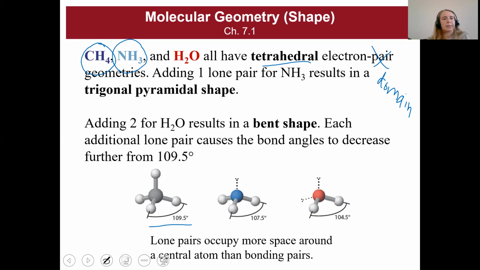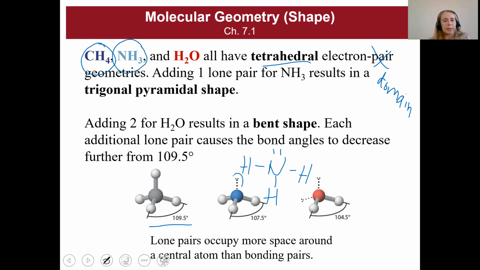NH3, so this is ammonia. If we drew the Lewis structure for ammonia, we'd see that nitrogen has a lone pair on it, which makes up the octet for nitrogen. So that lone pair doesn't count in the shape when we talk about the molecular geometry.